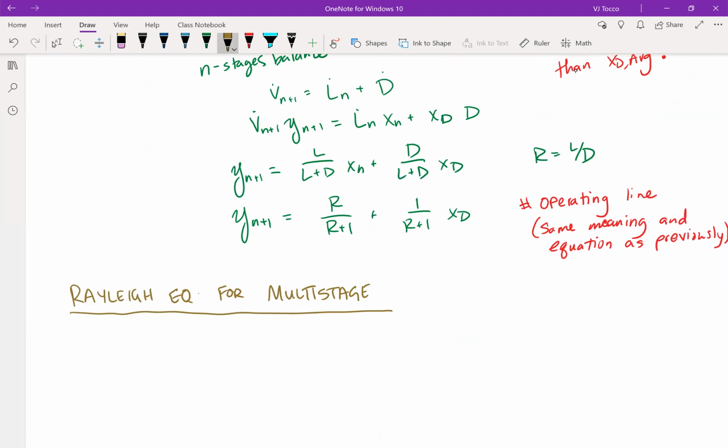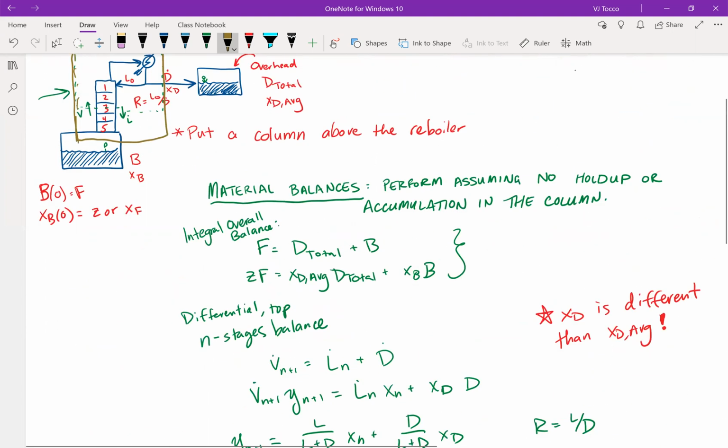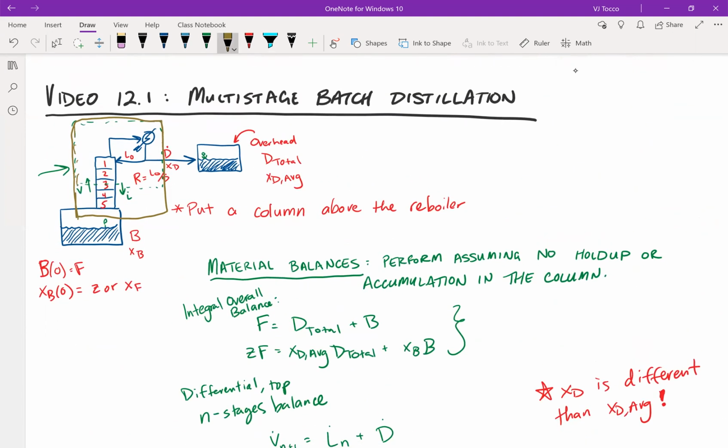So I am going to say that the accumulation inside the reboiler, that's dB dt, is equal to, so at what rate am I losing stuff from the reboiler? Well, remember I'm imagining that as soon as it evaporates, it's going through the column, through the condenser, through the split point, and into the overhead products.